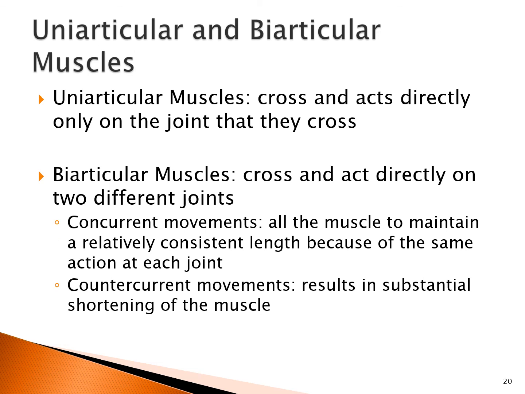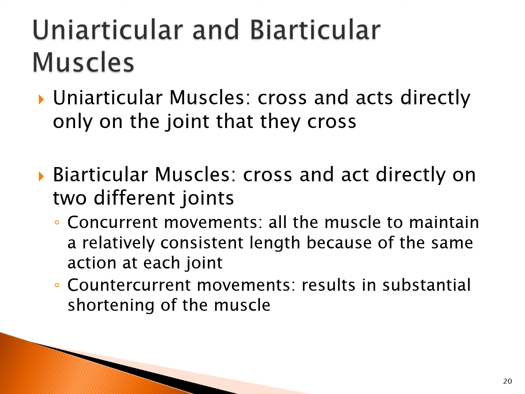Another term that we've already mentioned in lecture 4 are uniarticular muscles and biarticular muscles. Uni means one, so uniarticular muscles cross and act directly only on the joint that they cross, so it crosses one joint. Biarticular muscles are going to cross and act directly on two different joints, and these can be separated into two types of actions.